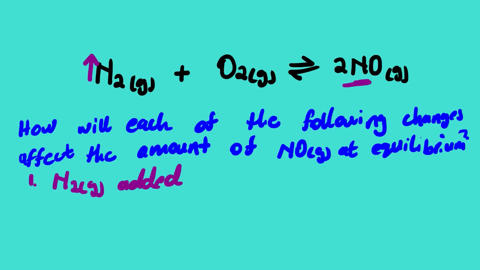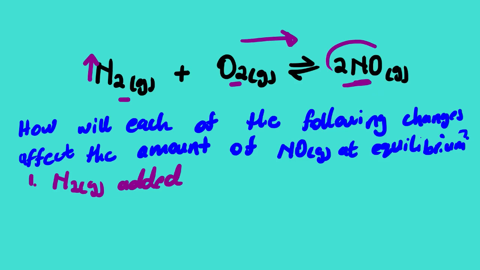Now we know that if we increase one of the reactants, the system will try to reinstate and reach a new equilibrium by favoring the forward reaction. So in this case, how will this change affect the amount of this?